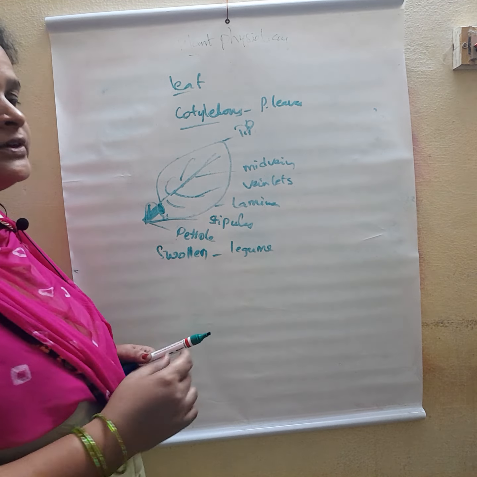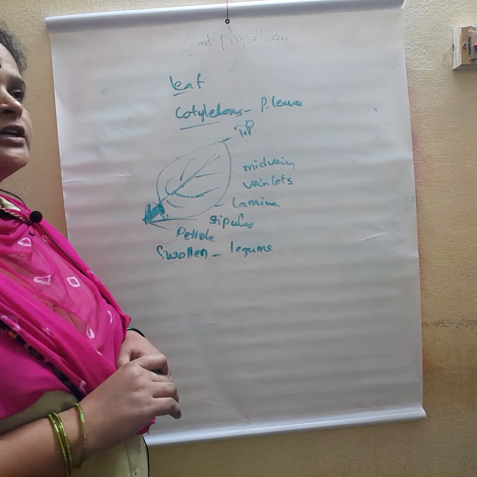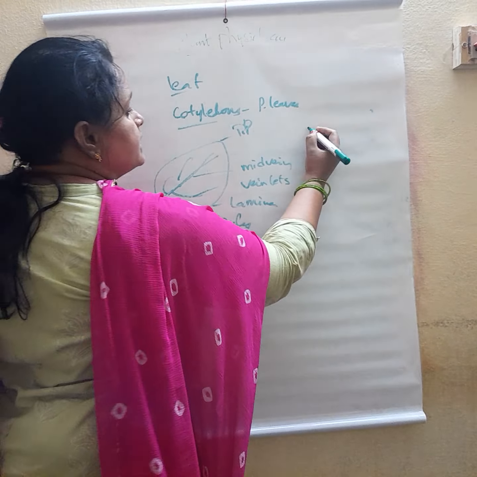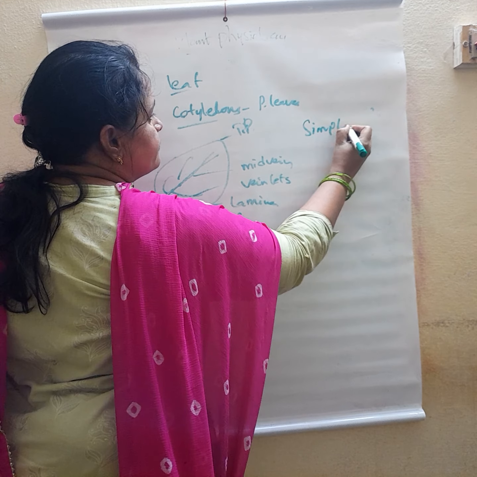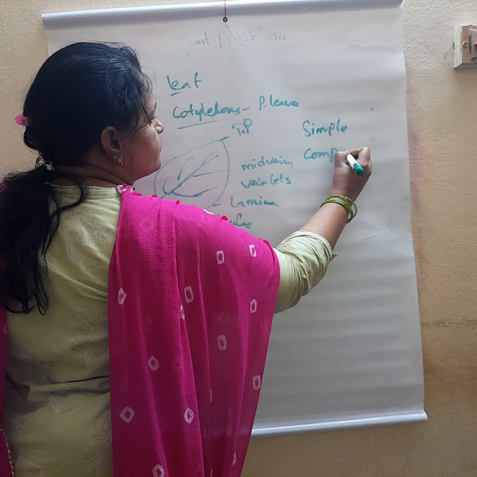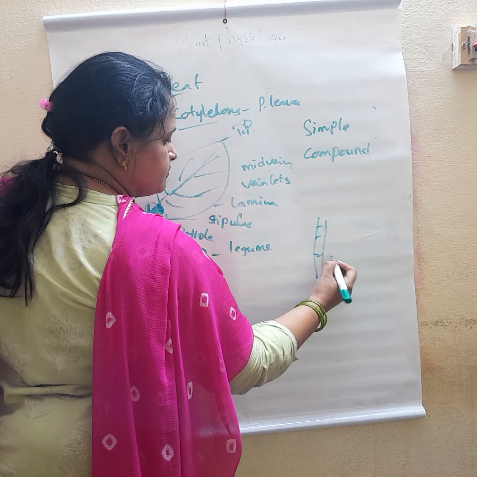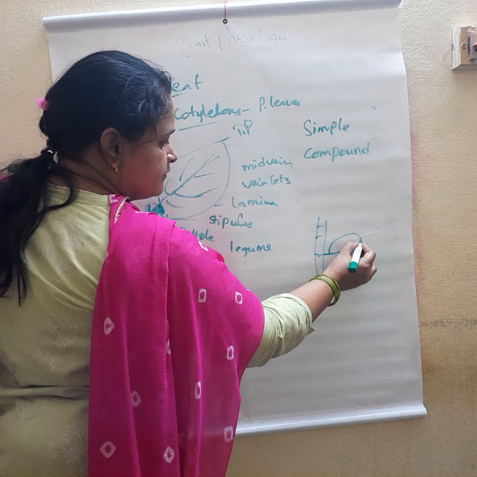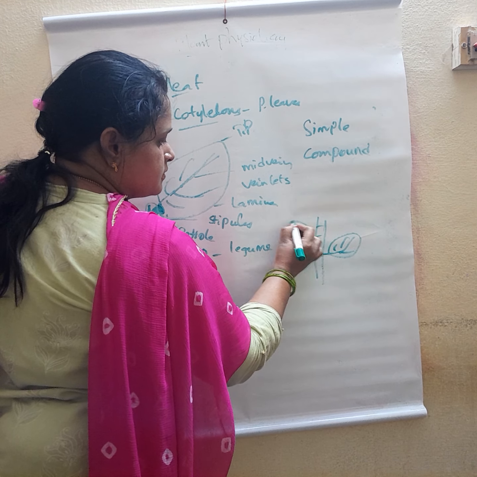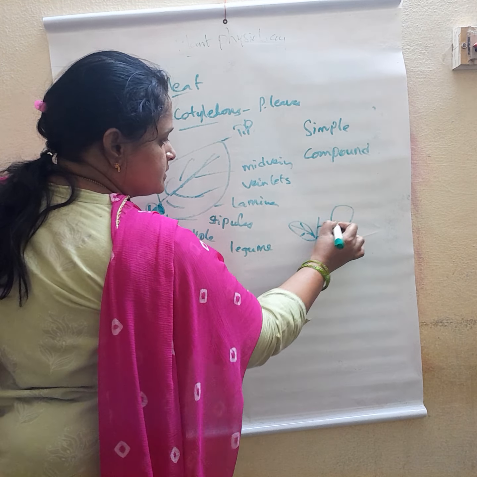Next we'll go for types of leaves. Leaves are of two types: simple leaf and compound leaf. Simple leaf means this is a branch, the stem. From the node, a leaf arises.